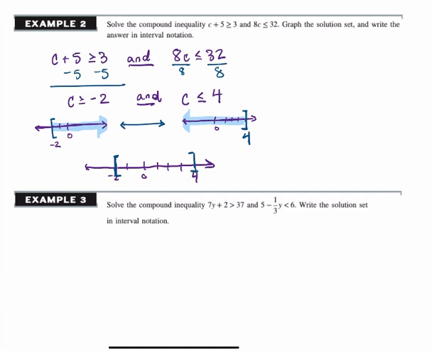So everything in between. It's kind of like those double inequalities where we had it as a single line on two sides. And we're just stating it as two different statements. So that would be the graph, and then in interval notation, we would write from negative 2, including negative 2, up until positive 4, including positive 4.